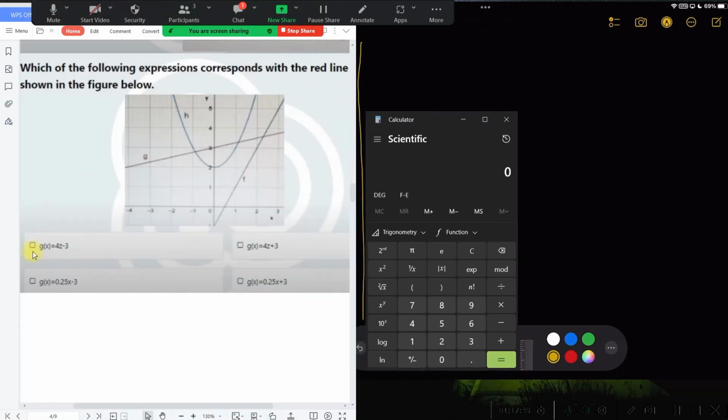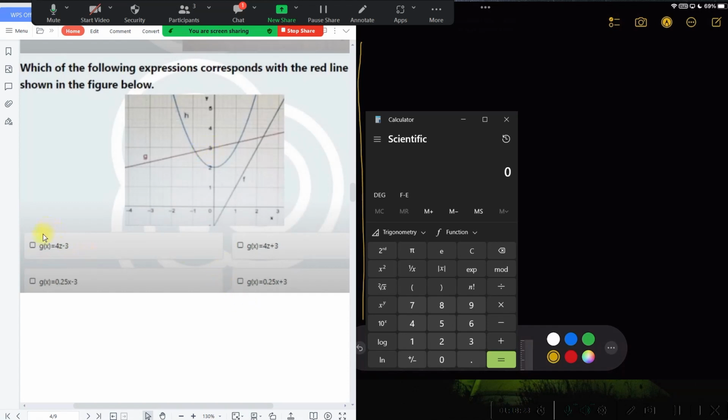You can substitute that into each of those expressions, and you find out that if x is 0, g(x) is minus 3, which is not the case in the first one, not the case in the second one either. Wait, the second one is actually good. g(x) equal to 4x plus 3 gives 3 when x is 0, correct.